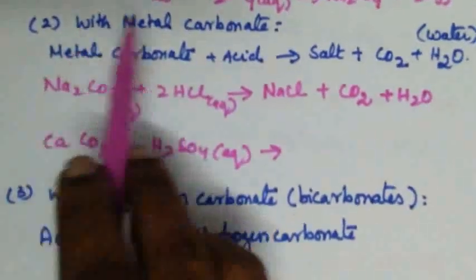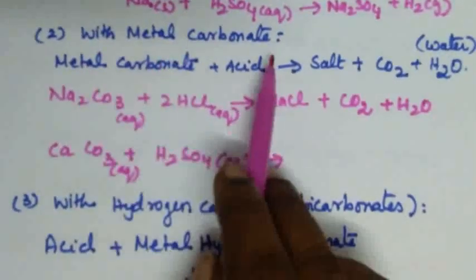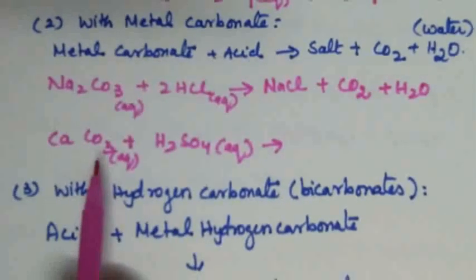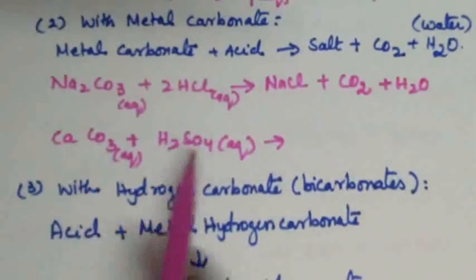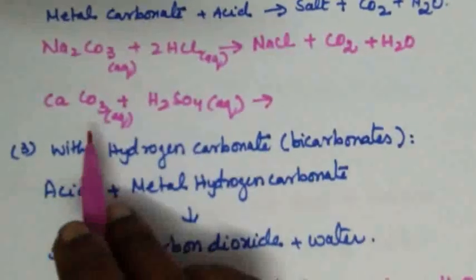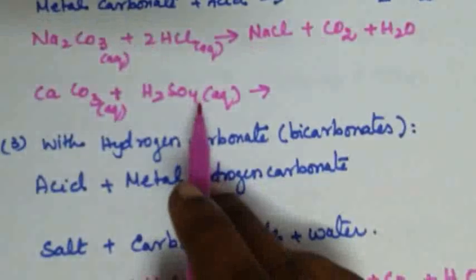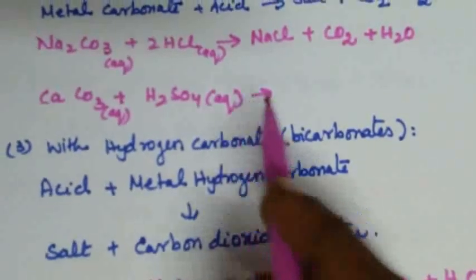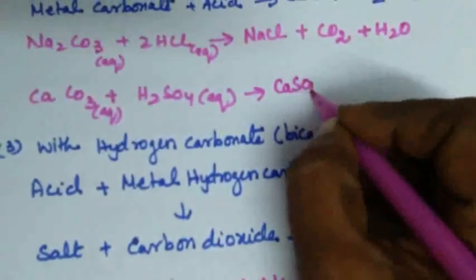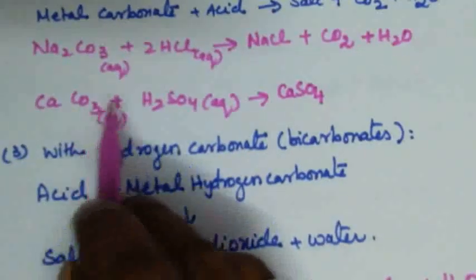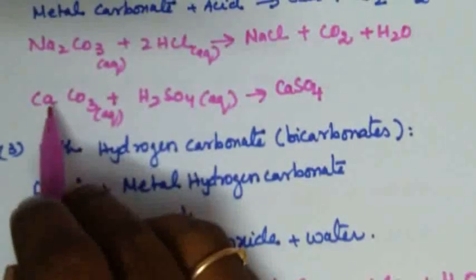In this case, reactants are known. With metal carbonate, I am taking metal carbonate. This is a reaction of acid, so I am going to take an acid. So reactants are known. You can write the product. Now we have calcium carbonate and sulfuric acid. Can you write the product? Yes, it is calcium sulfate. I told you, whatever acid you have taken, accordingly salt is formed.